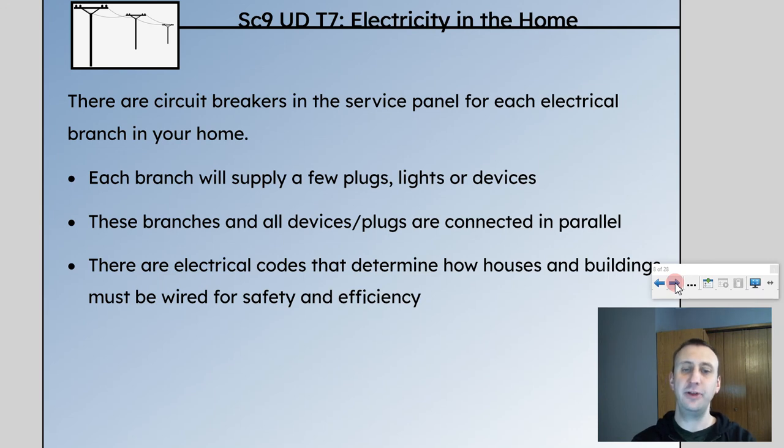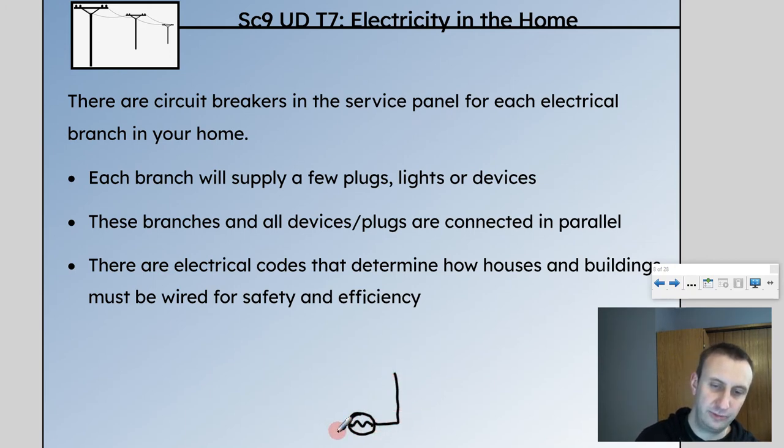These branches and all devices and plugs are connected in parallel. So they're all separate. They all have separate current going through them, unlike series. Just a reminder, if you don't remember what parallel means, if I have my power supply right here, and I'm going to draw this as the AC power supply, going to different loads, there are different branches.